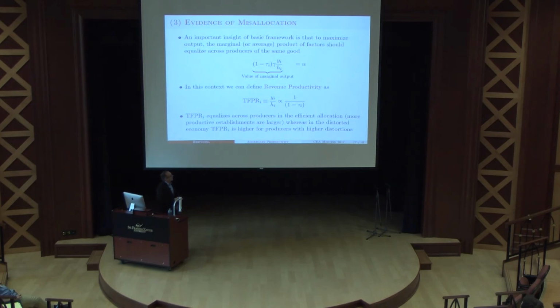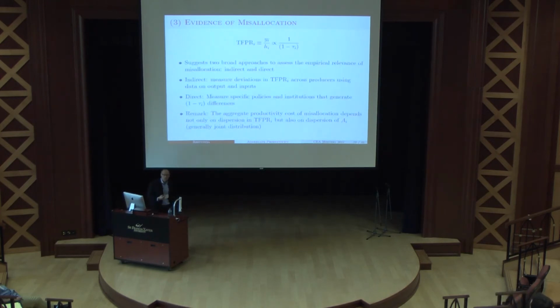Okay, and more importantly, if we had data on this, I'm trivializing this because this is only labor here, but you can see that TFPR is going to be proportional, because these objects here, gamma and W, are going to be constant. You can see that it will give us an idea of these wedges, okay?